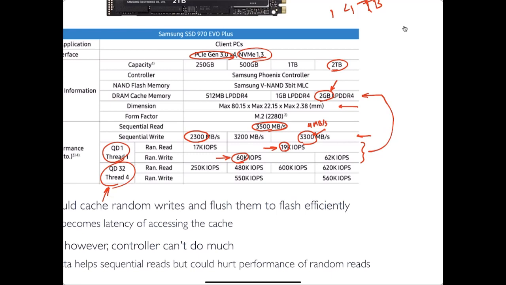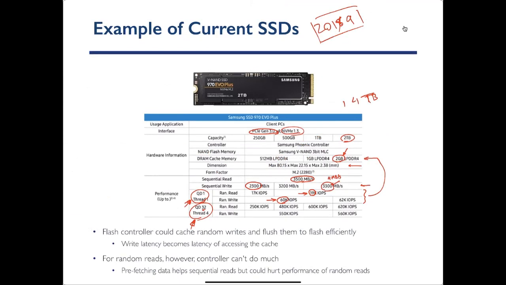I'm actually not sure, so sorry, we need to do some research on what QD1 and QD32 mean. But if I'm not mistaken, this basically means that you could do all the way to 32 concurrent writes or 32 concurrent reads, simultaneously at the same time. Okay, so that's that.